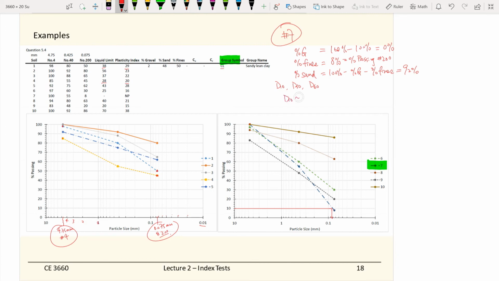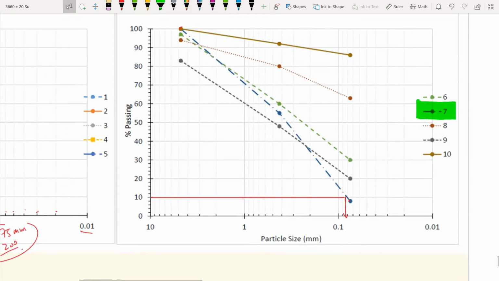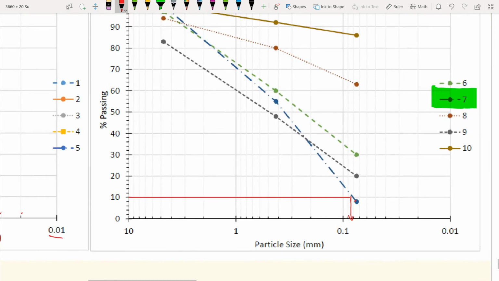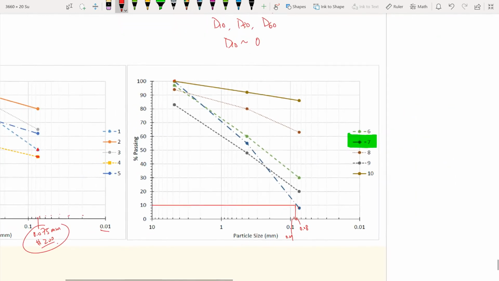If you read the log scale, this is 0.08, and here is 0.09, and we are between them. So D10 is 0.085 millimeters.